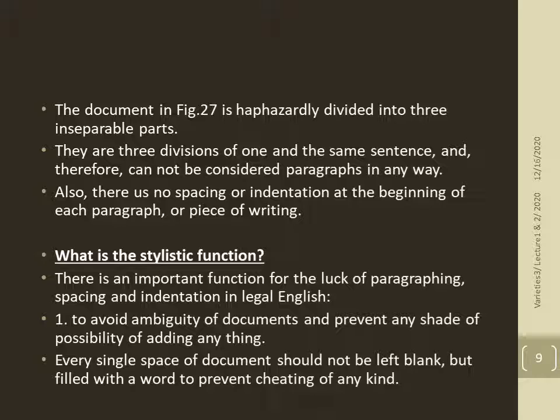Now, if you go, for example, to the first division and you read it, you're going to end up with one sentence, okay? It's just one sentence. This sentence is made of 1, 2, 3, 4, 5, 6, 7, 8, 9 lines.